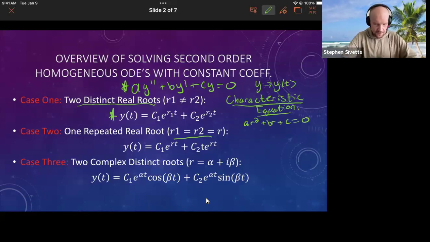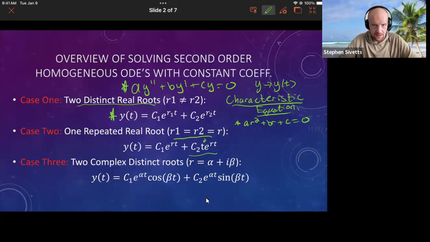If you have one repeated real root for the characteristic equation, then your general solution y of t is equal to C1 times e to the RT plus C2 times t times e to the RT. Make sure you do not forget to multiply the second term by t.